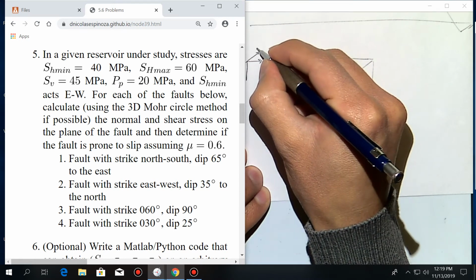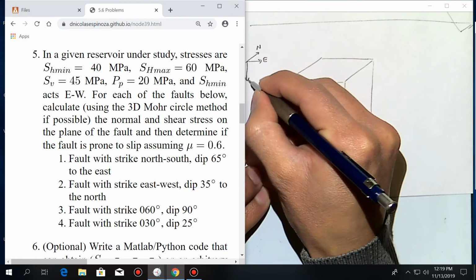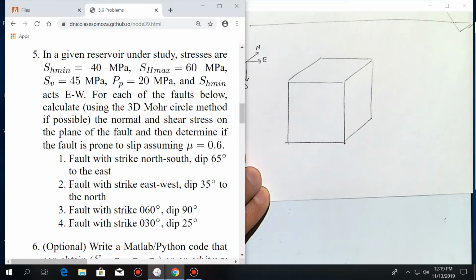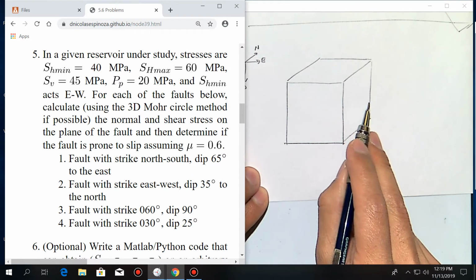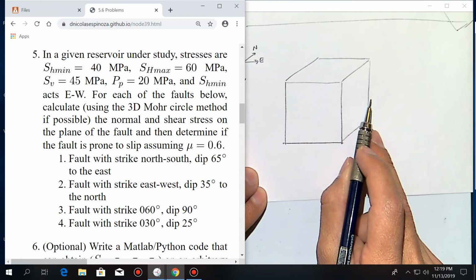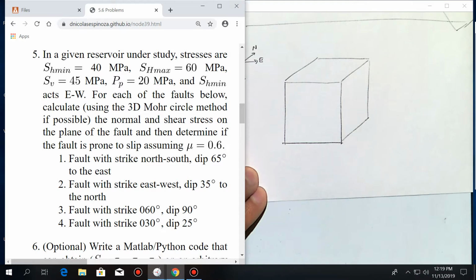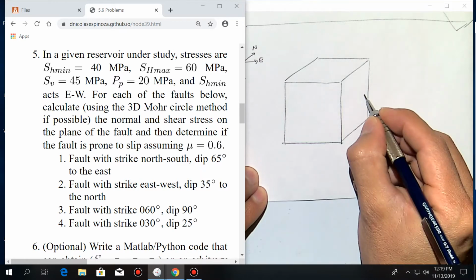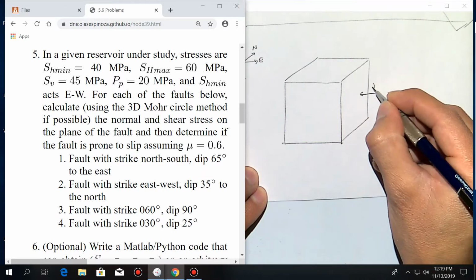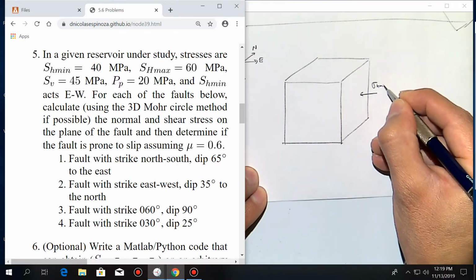This is north, east, and down. I'm going to convert these to effective stresses, so I don't have to write that much. The minimum principal stress is in direction east-west, and it's 40 MPa minus 20 effective is going to be 20 MPa.